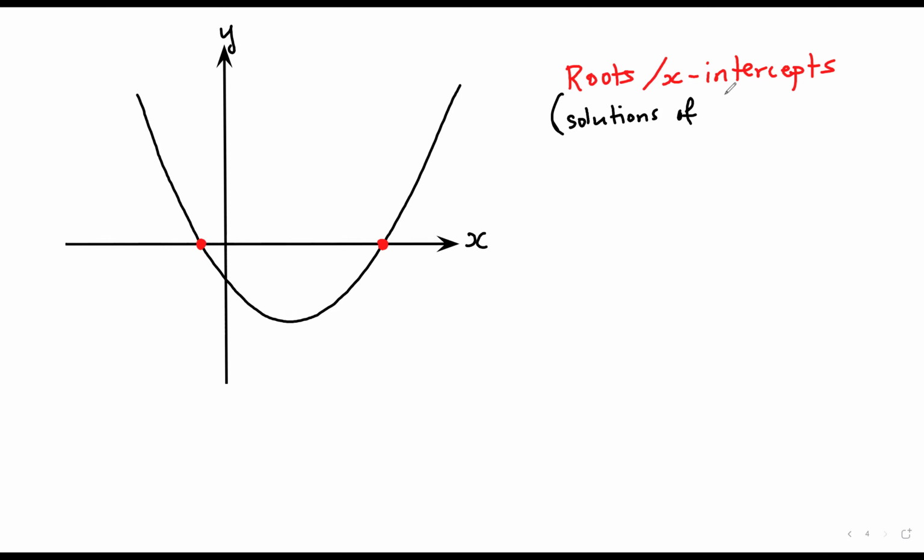It means the graph will only cut the x-axis at one point. And then you can also have no solution, so the quadratic doesn't even need to cross the x-axis, right? So the roots or x-intercepts are found by solving the quadratic, the solutions of the quadratic equation, right?